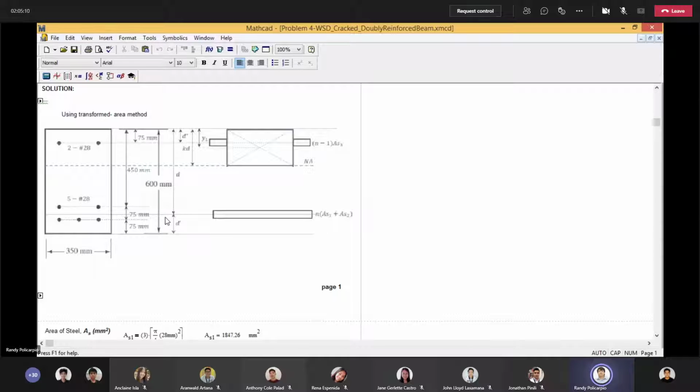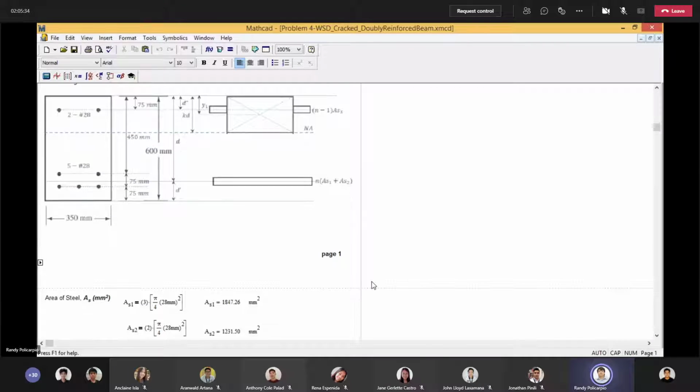So this time ang kanyang location D prime. Ito yung tinatawag nating effective cover. So this is how we determine the effective cover kapag two-layer tayo. Ganun na ganun natin siyang isosolve.